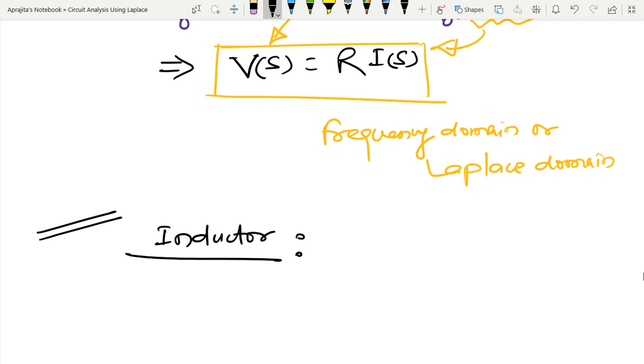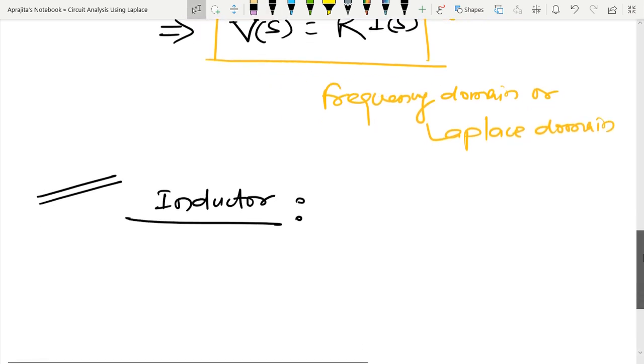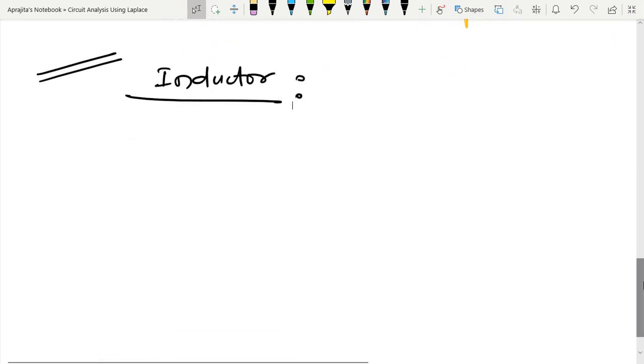So for inductor, I have the following kind of things. Suppose that I have some, I am going to draw the circuit.